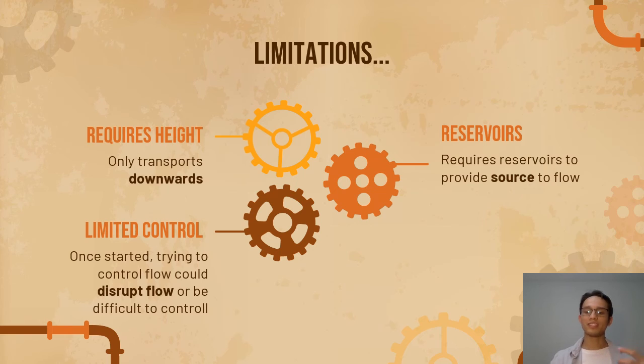And then you also need some kind of reservoir in order to provide a source to flow from. And then finally, you have some limited control, which is once it starts flowing, if you try to tweak it, you might end up creating some kind of disruption in the flow, or there will be other ways that you have to get creative in order to control the flow of the siphon.